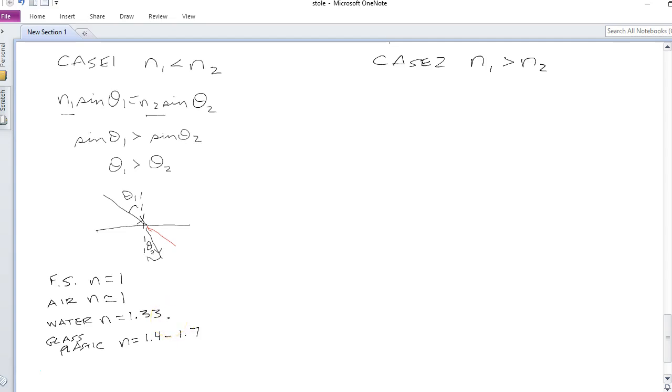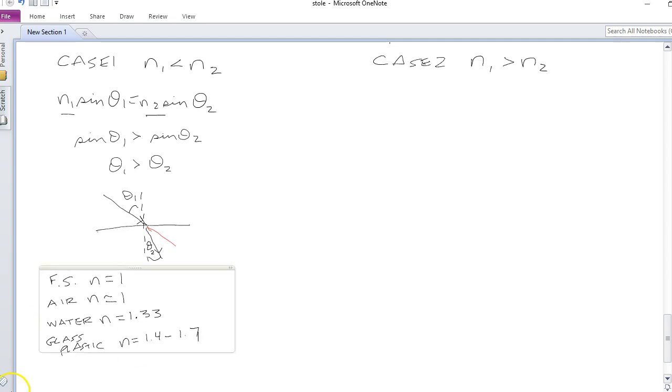So these are typical index values for typical materials. Now, you can get materials with higher index values, but we're going to mainly consider these common materials. Okay, so the index is not drastically different than 1, but it's significantly different in terms of what happens with the light.